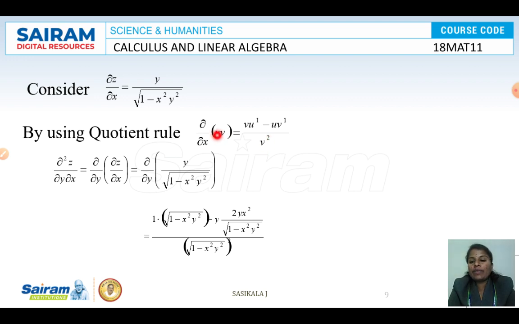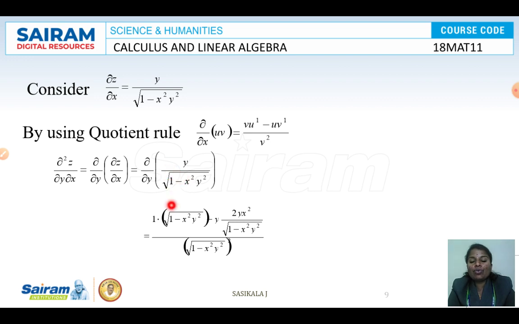So this is u by v. Okay, so now what is that? Dou squared z by dou y dou x is nothing but dou by dou y of dou z by dou x, is equal to dou by dou y of y by root of 1 minus x squared y squared. So what is that? It's the denominator into, what is that?